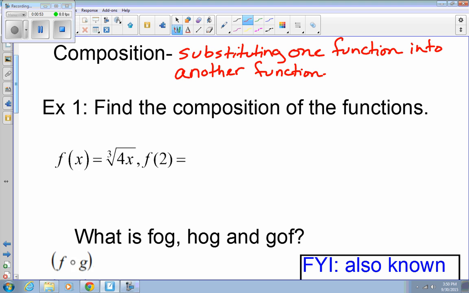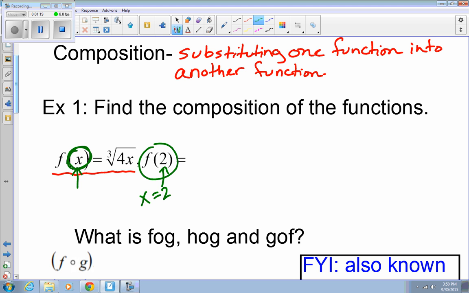Composition of the functions: here we have f of x equals the cube root of 4x. And on the right here, what does this f of 2 mean? F of 2 is how we say that. What that means is, where the x value is on the left of the function, instead of x, it's 2, so this means x equals 2.